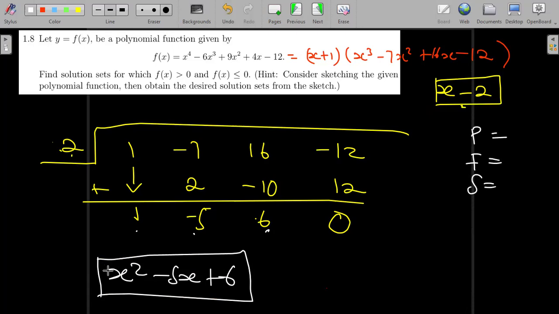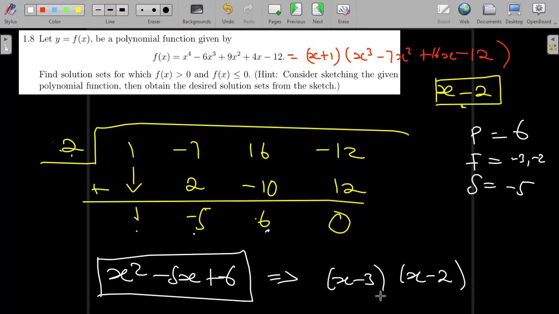So the product is 1, the coefficient of x squared, multiplied by the constant, which is 6. The sum is minus 5. So which two numbers can I add to get minus 5, but when I multiply, I get 6? It is minus 3 and minus 2. So this will be equal to x minus 3 and x minus what? 2. So this is what I have.